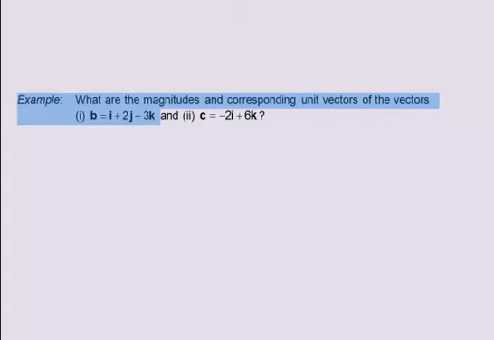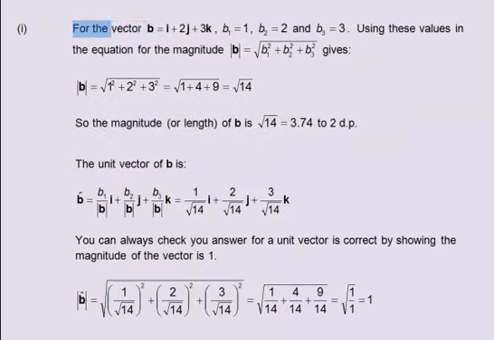Example: what are the magnitudes and the corresponding unit vectors of the vectors 1, b equals i plus 2j plus 3k, and 2, c equals -2i plus 6k. For the vector b equals i plus 2j plus 3k, b1 equals 1, b2 equals 2, and b3 equals 3.